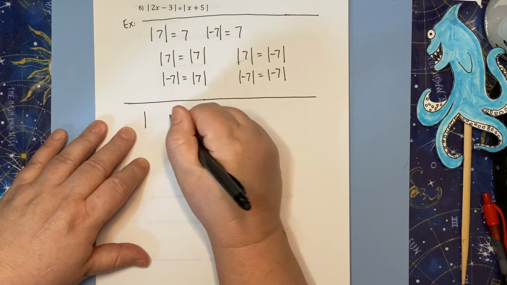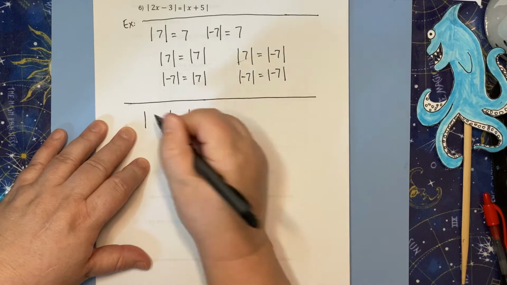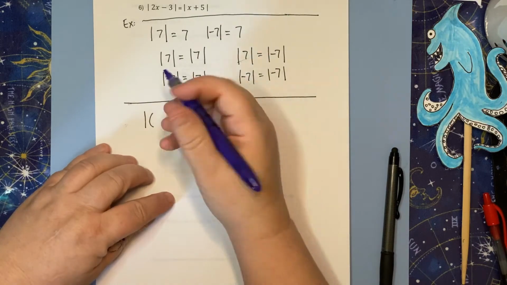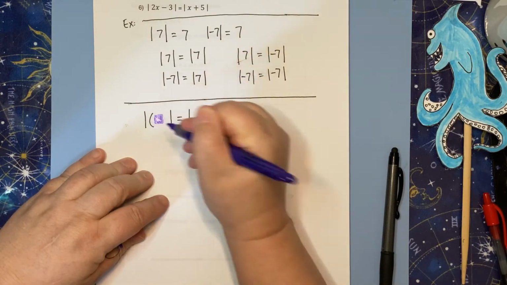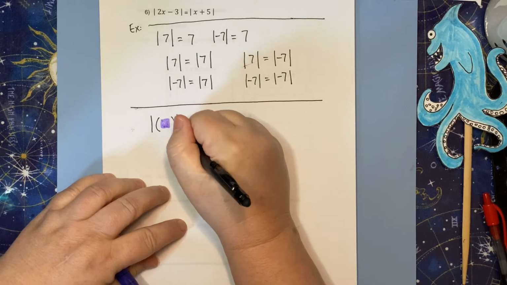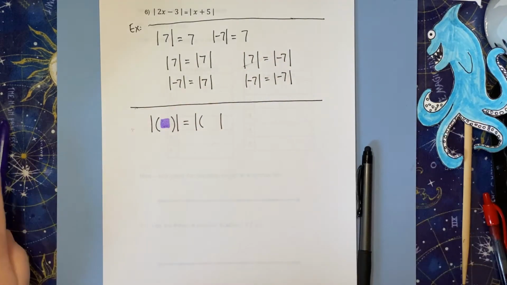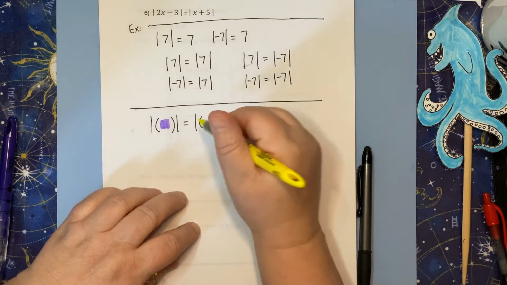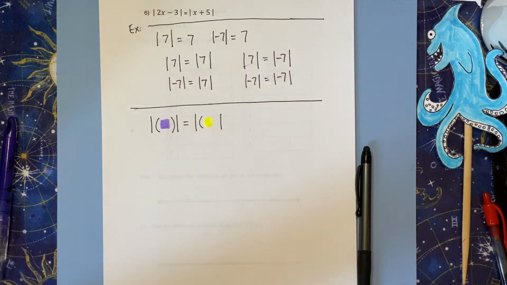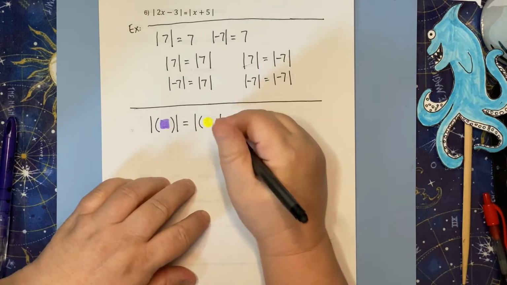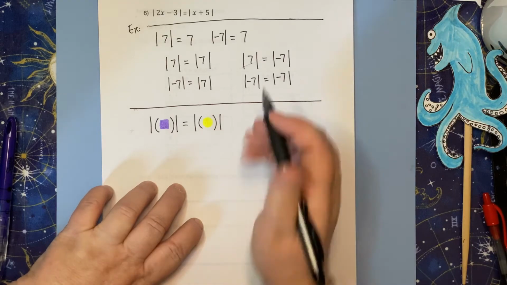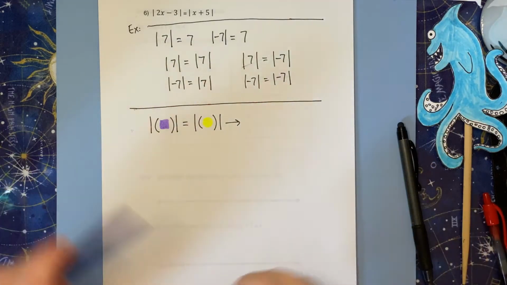So if you have an absolute value set equal to an absolute value, let me come up with some beautiful pictures. You've got a lovely purple square equal to a lovely yellow circle. Can you see that? There are two possibilities.